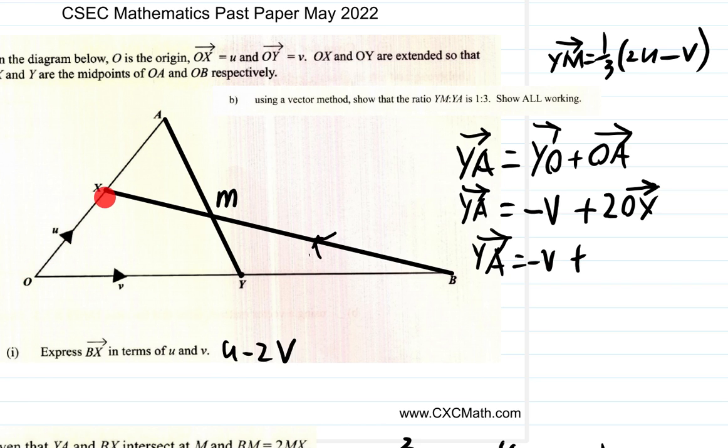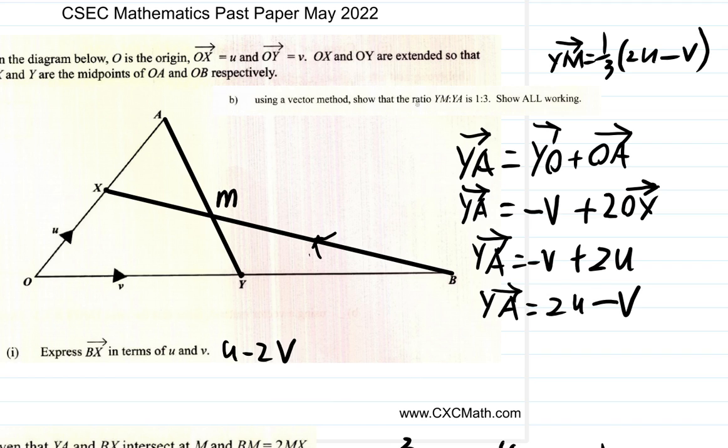But OX was what? u. OX was u. So it's 2u. Alright? So you can say YA is equal to 2u minus v.